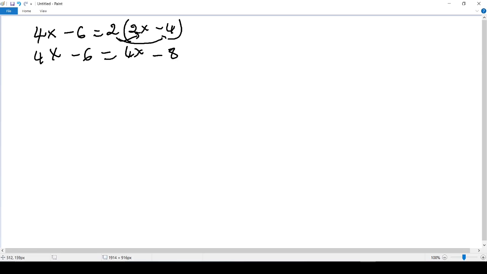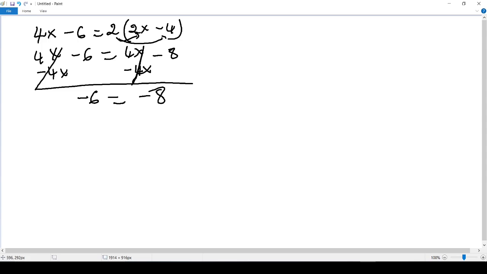I will choose to move my 4x from the right to the left, so I will be subtracting 4x on both sides. And I realize that this cancels. I have negative 6 equal to, this cancels, and negative 8. In this case, negative 6 equal to negative 8, which is not true, or I can put false.